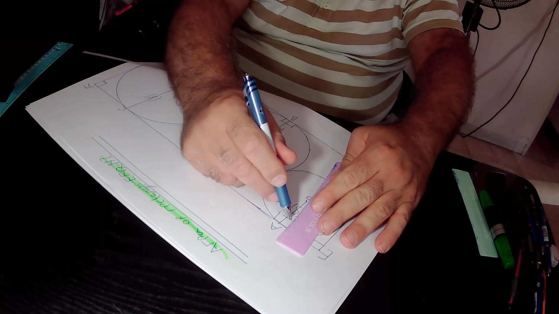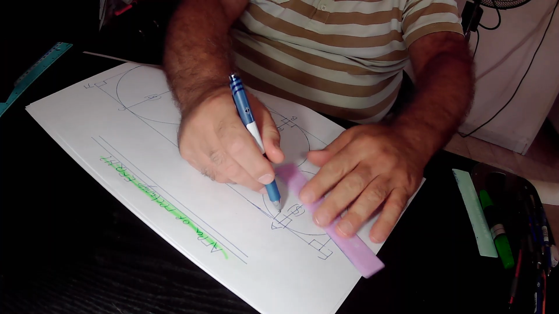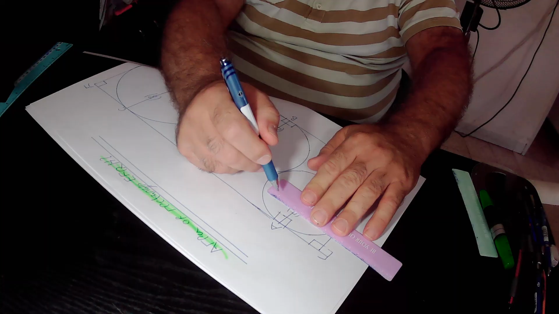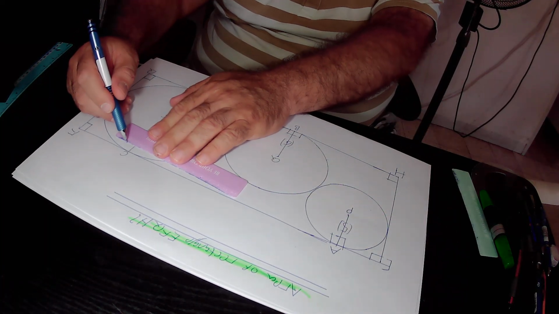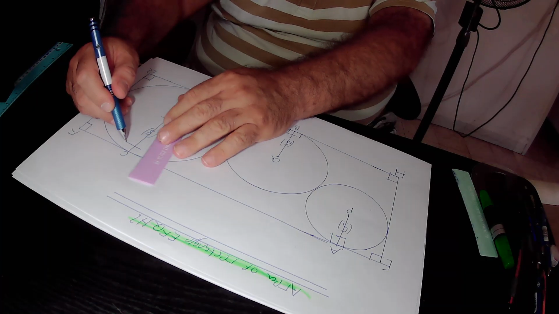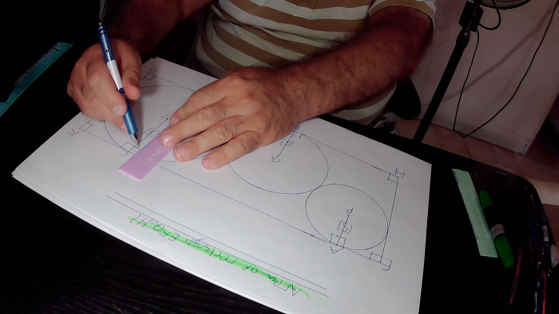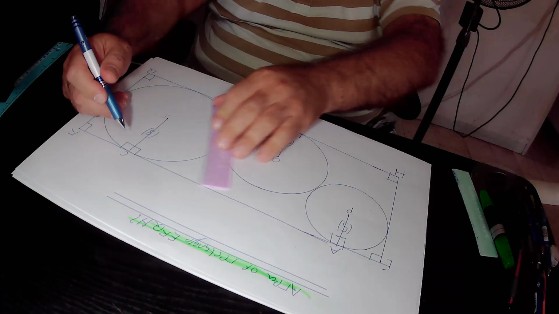And this angle also equals 90 degrees. Likewise, according to the sum rule, this angle equals 90 degrees, and this angle also equals 90 degrees.